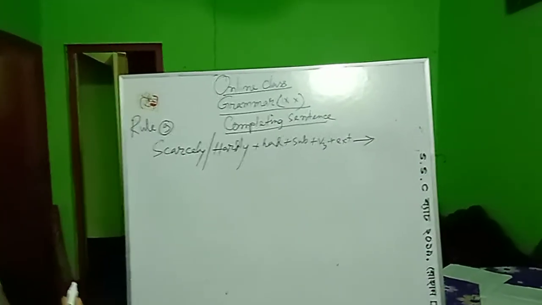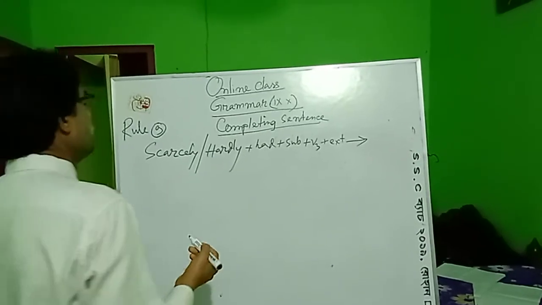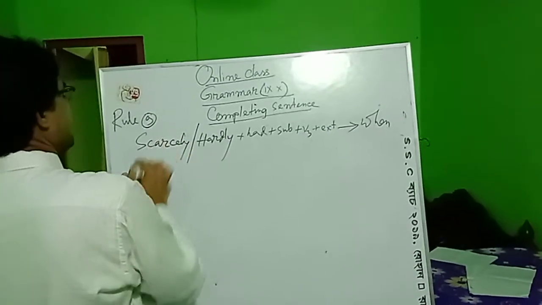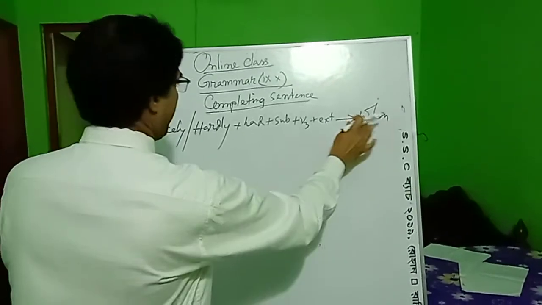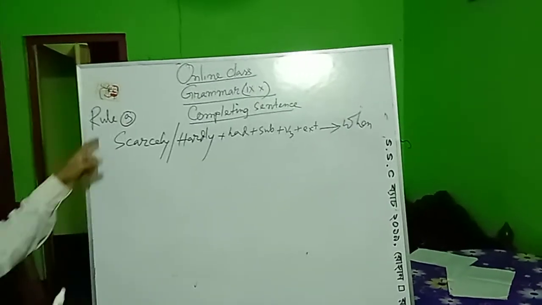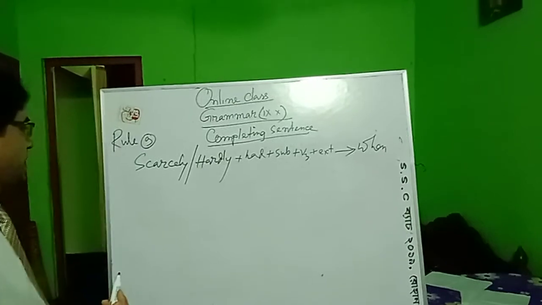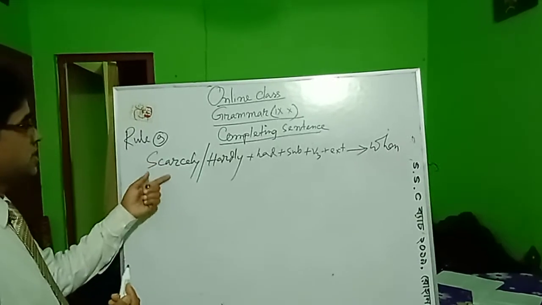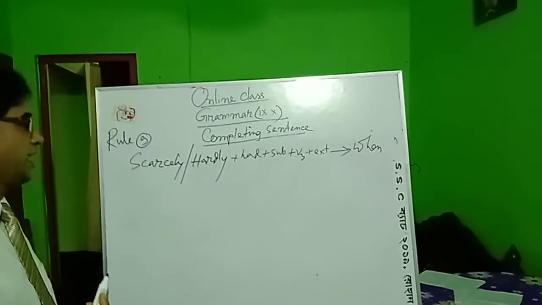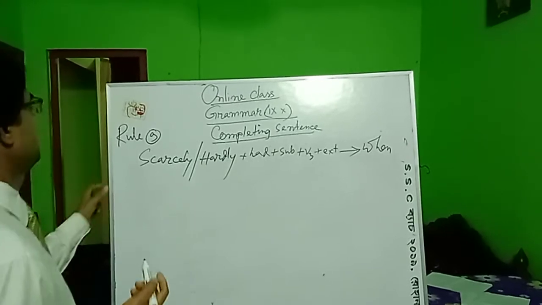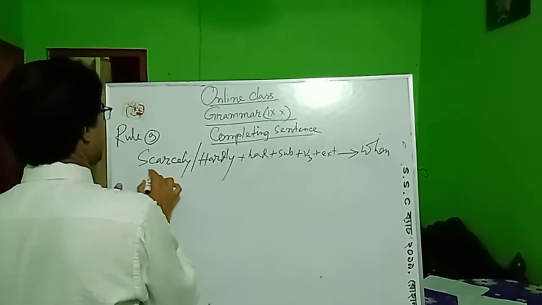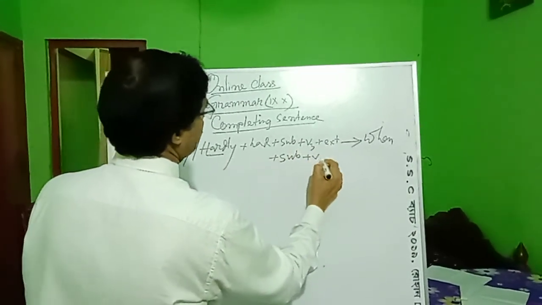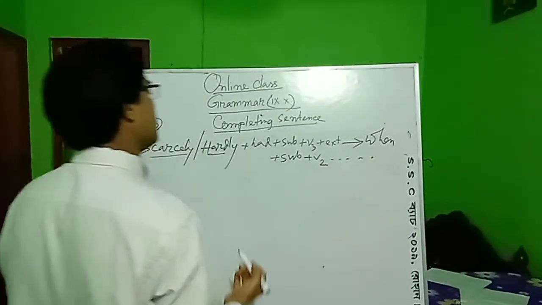And if we want to complete this sentence, we will use when. Remember one thing, if our sentence begins with scarcely or hardly, we will use when. And in our previous rule, that is rule number 8, we have seen that if our sentence begins with no sooner had, we will use then. And if our sentence begins with scarcely or hardly, we will use when, then we will use subject, and then we will use the past form of the verb.